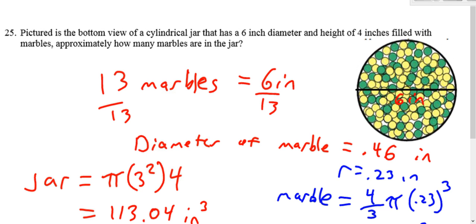Another way you could have done it is just counted out how many marbles in the radius, which would probably be about 6.5 because we said 13 went all the way across. So I could say that it's 6, maybe 7 marbles is the radius.